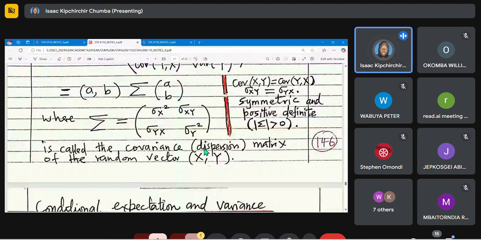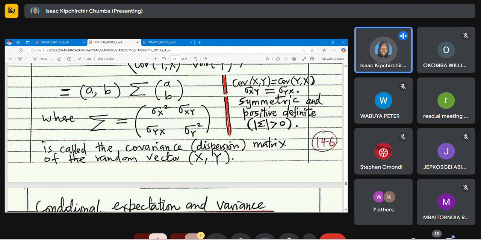For a single random variable, you talk about the variance of a random variable. Like you say, we have a random variable x, you say variance of x. Or you have a random variable y, you say variance of y.